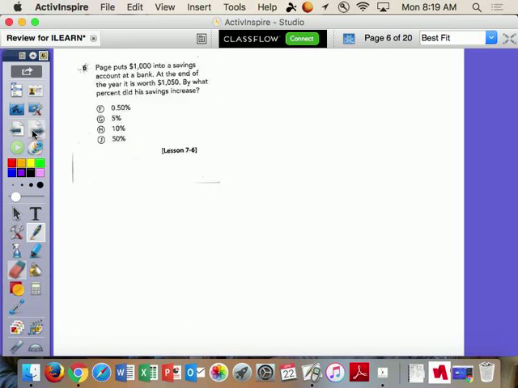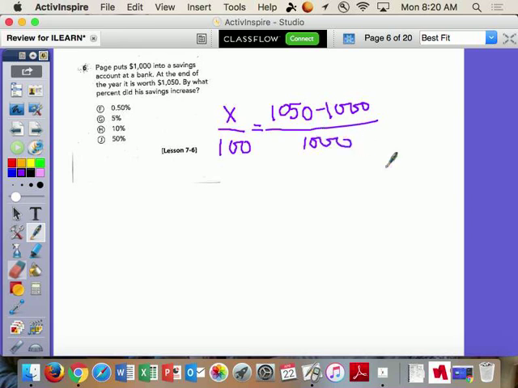All right. Paige puts $1,000 into a savings account at a bank. By the end of the year, it is worth $1,050. By what percent did his savings increase? Oh, savings increase in percentage. Ooh, we don't know our percent. We're going to do our new minus our old over our old.